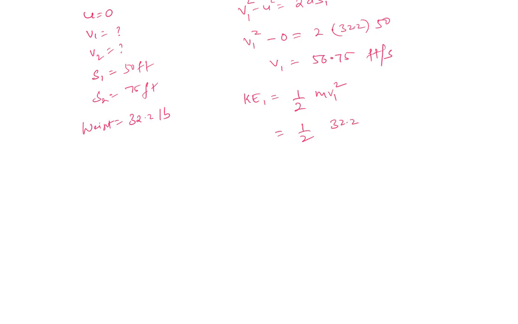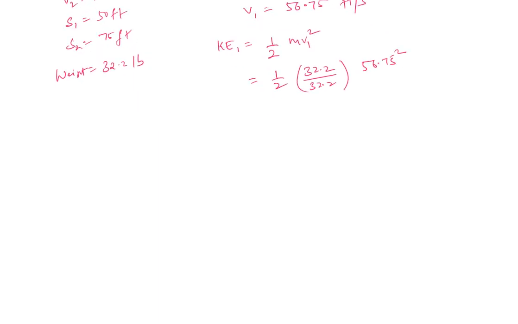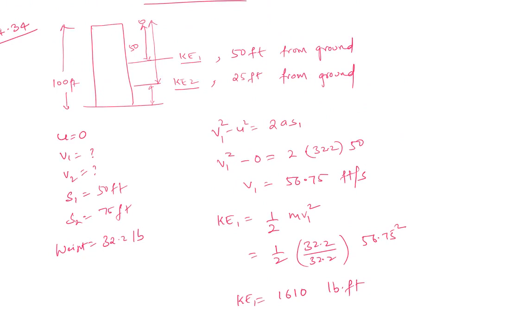So 32.2 divided by the g value, 32.2, times v1 square, which is 56.75 square. So basically you get KE1 as 1610 foot-pound. This is KE1.